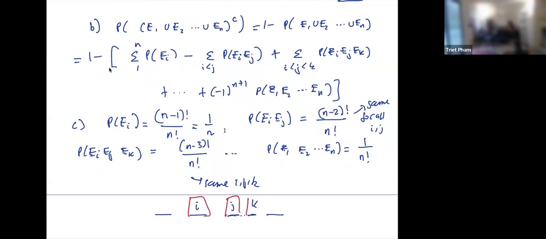So they are fixed, and then the rest can be permuted around. If you fix, let's say, 3 items, then there are n minus 3 factorial ways to permute the remaining items. That explains all these answers here.